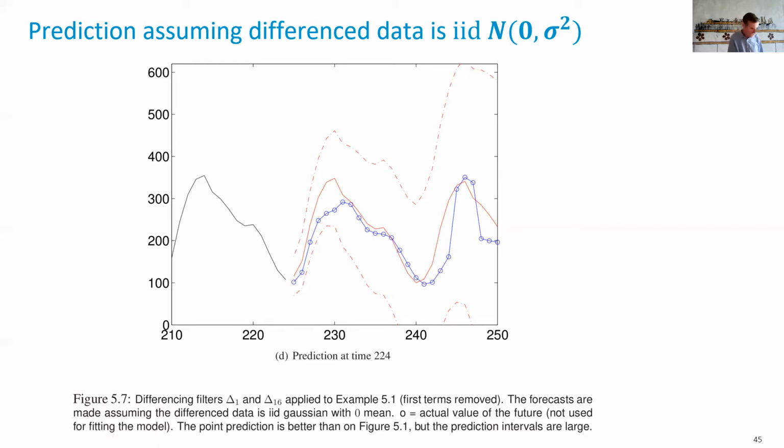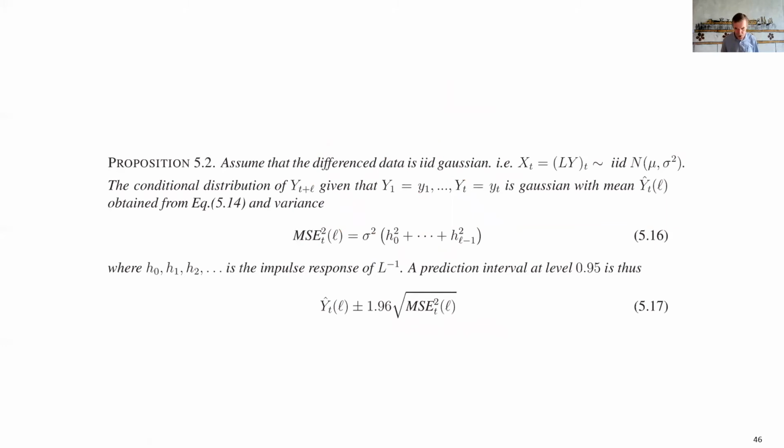This method was assuming that the filtered noise is white noise, IID Gaussian with mean 0 and variance sigma square. Perhaps this assumption is not the optimal one because, as we see, the prediction intervals are very large. But nonetheless, that gives us in general a formula. If I have filtered y, I've obtained x, and x can be assumed IID Gaussian, then in order to obtain the prediction interval, I will redo what I've done exactly before.